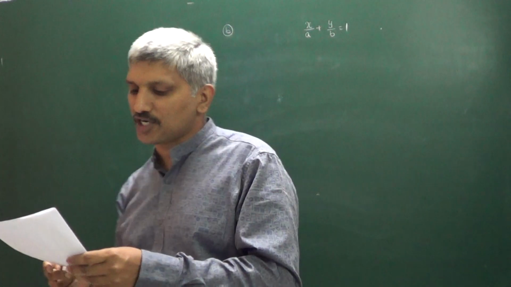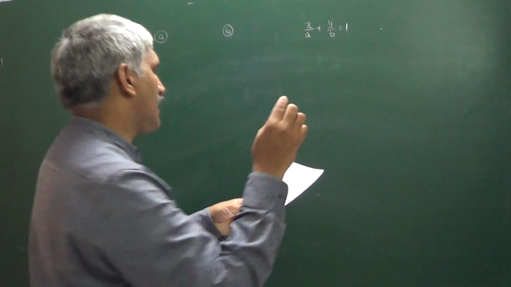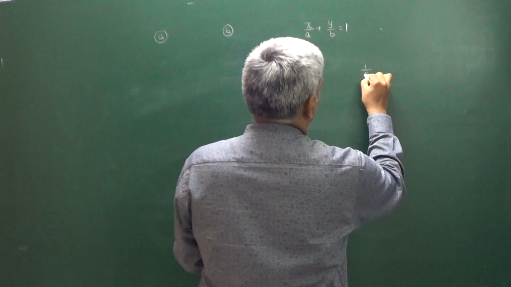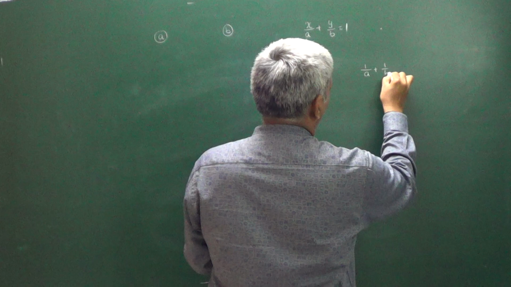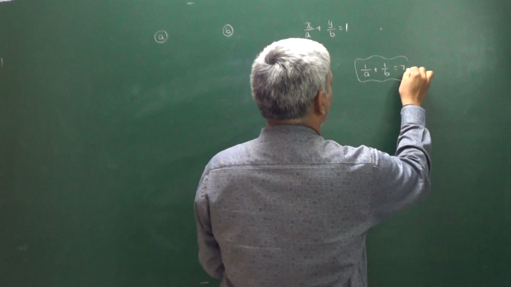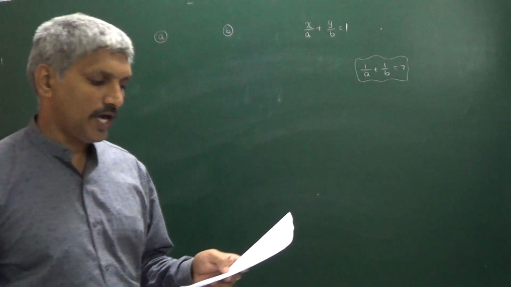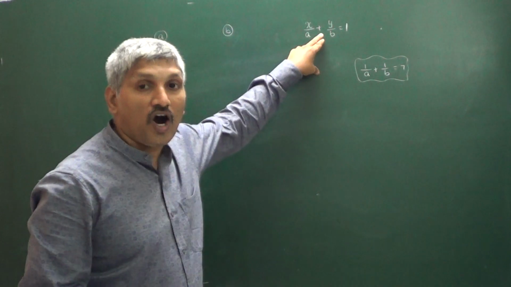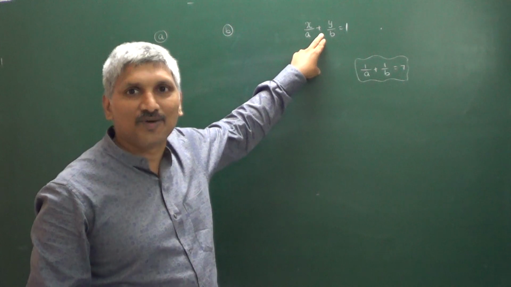That is the information given. If 1 by A plus 1 by B is equal to 7, when this condition is given, then this line always passes through a fixed point.